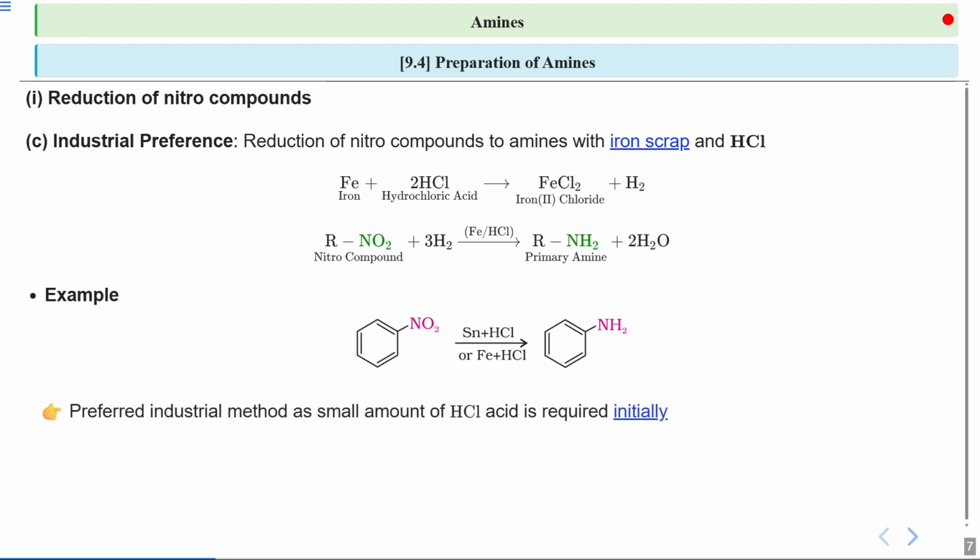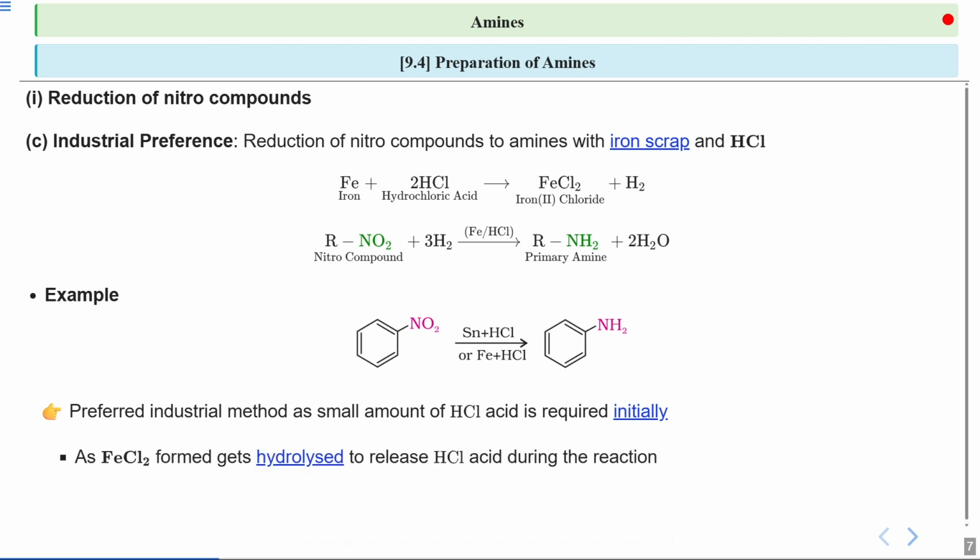One important reason that this method is preferred industrially is that only a small amount of hydrochloric acid is needed at the start. As the reaction proceeds, more hydrochloric acid is generated. So you don't need to keep adding the acid. As a result, this makes the process more efficient as well as cost effective.